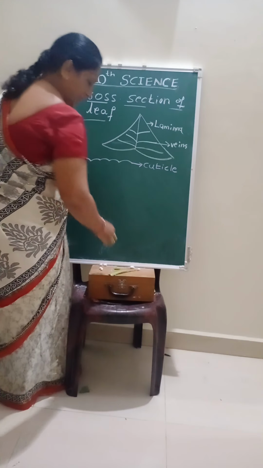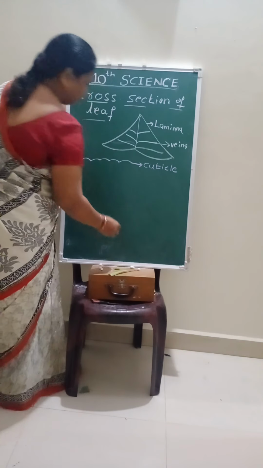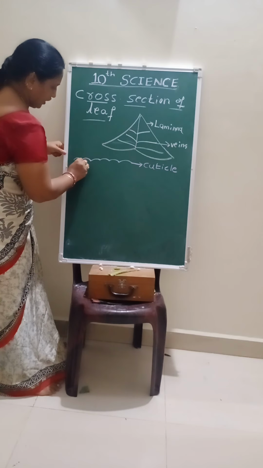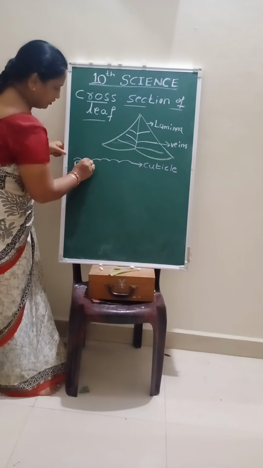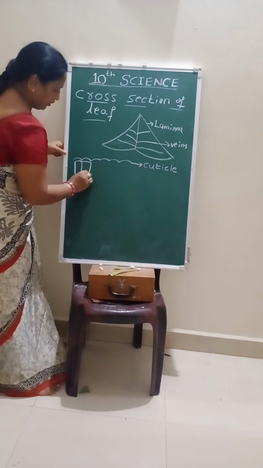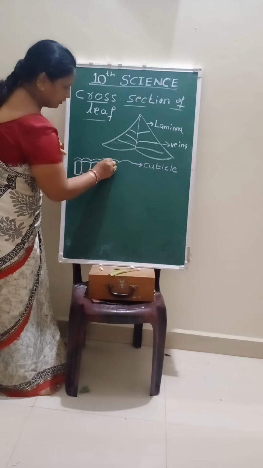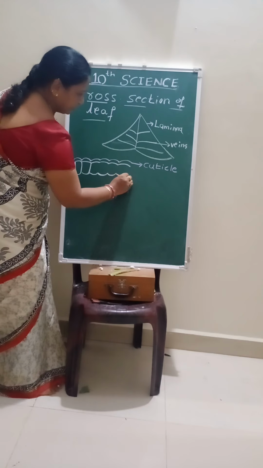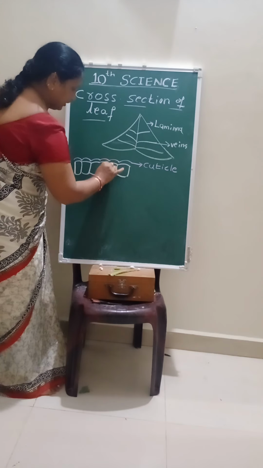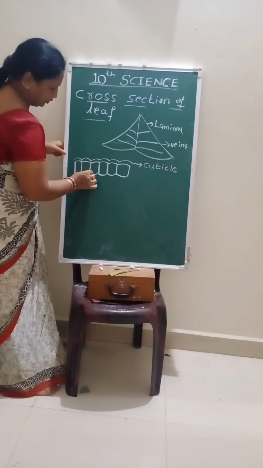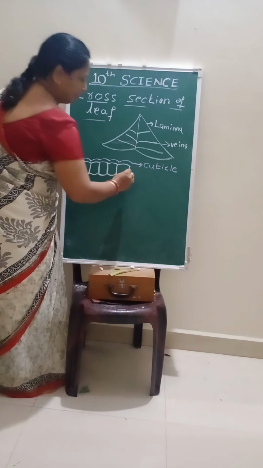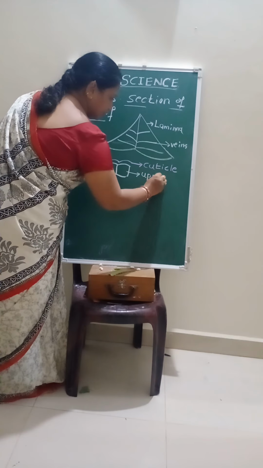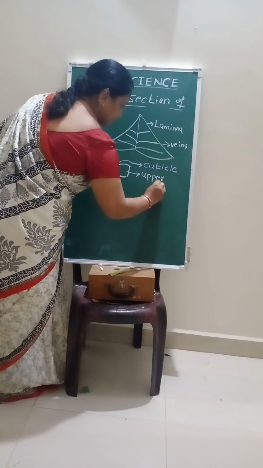Every part has got a tremendous contribution to the leaves. This is a cuticle. And we have upper epidermis. We are drawing like this. A simple diagram. It is there in the textbook. I am going to send the textbook diagram also. This is called the upper epidermis.